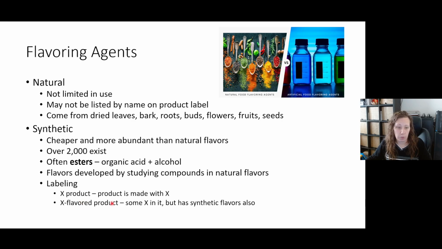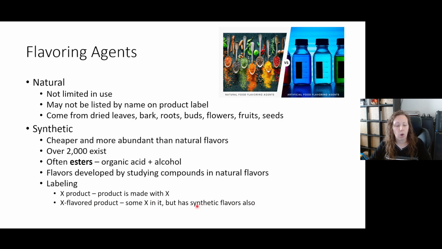X flavored product is going to have a combination. So if it was strawberry flavored yogurt, yes, it's going to have some actual strawberries or strawberry flavoring from strawberries in it, but it's going to have some synthetic flavor also. So X flavored means it's a mixture.